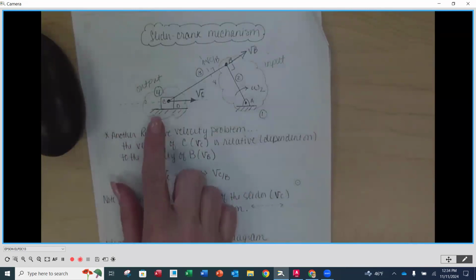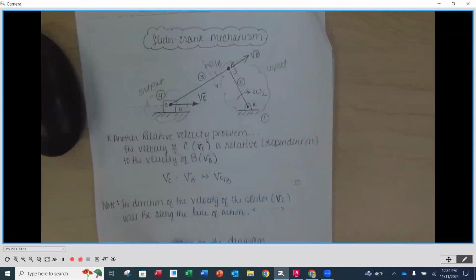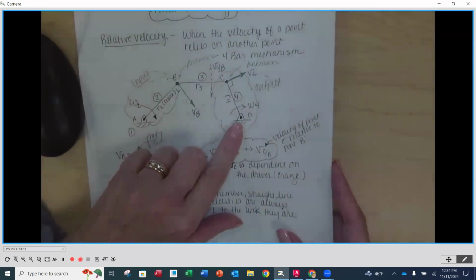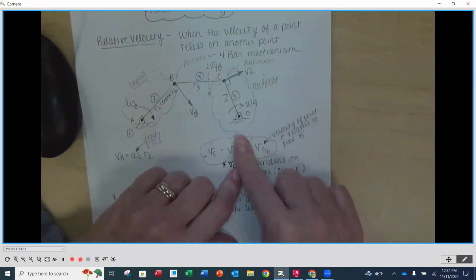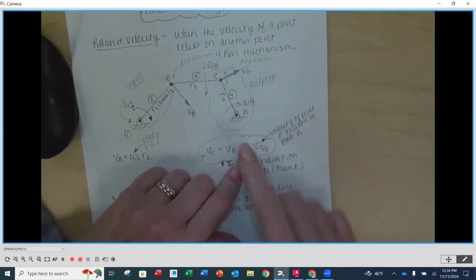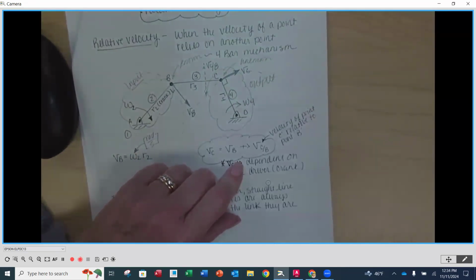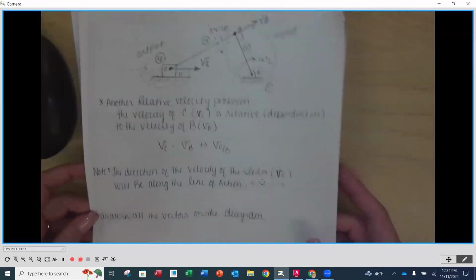So there is no W4 in this case. When we have links that only rotate about a fixed center, now we have that angular velocity because this is going to be oscillating or rotating around. And we want to know what is the rate of that. Okay. So that was page 8.